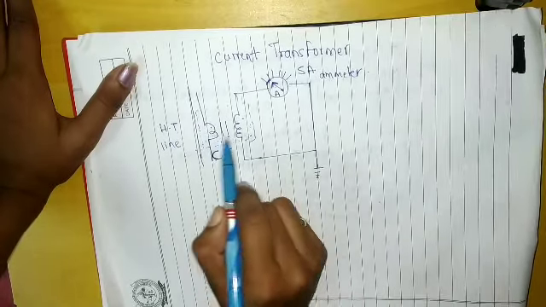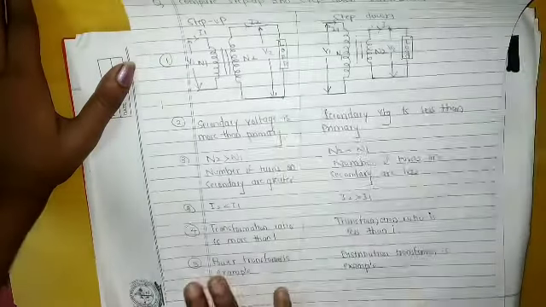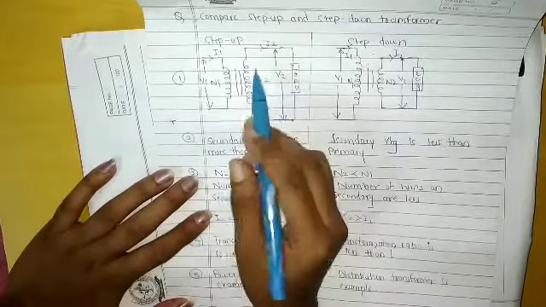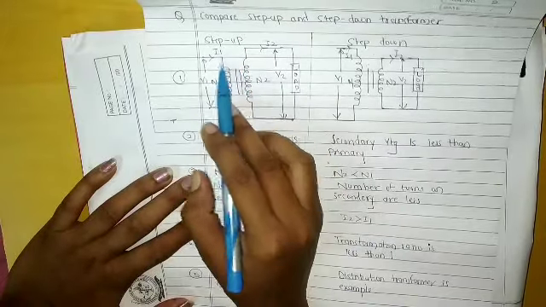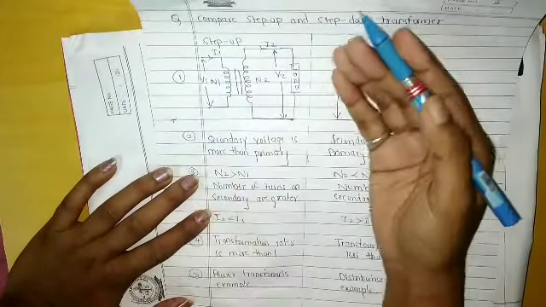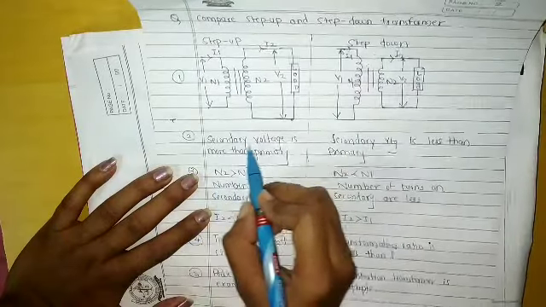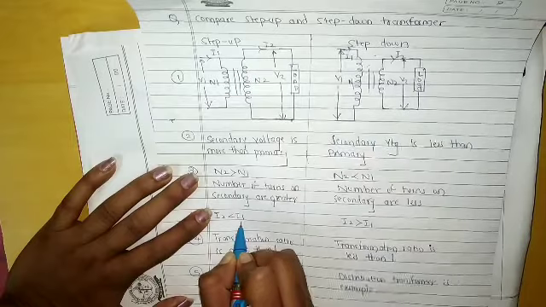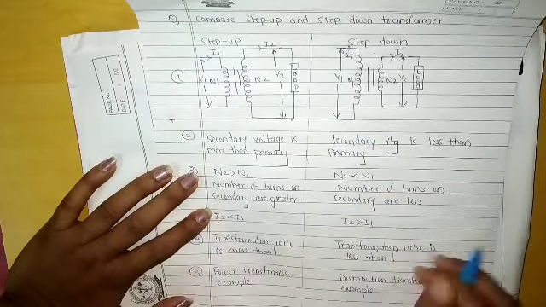You can see here it is step up. So we have seen step up and step down transformers. In step up, the number of turns on secondary is more, right? So secondary voltage will be more, current on primary side will be more and secondary side current will be less.